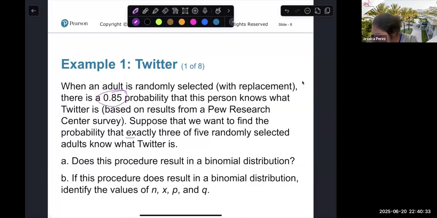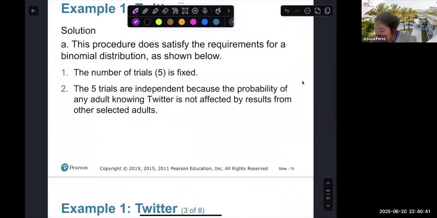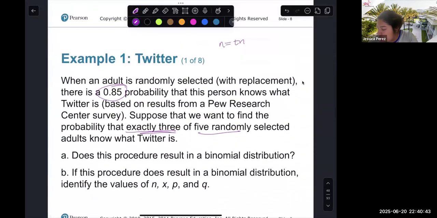So the number of trials is 5. The probability of success, a person who knows what Twitter is, is 0.85. The probability of failure is 1 minus 0.85, which is 0.15.